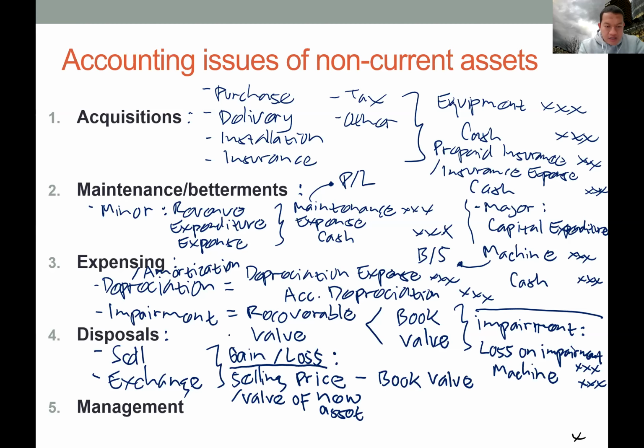Okay, and lastly, the management. I think from the managerial perspective, mostly the company tries to look at the performance of this asset, and how important this asset is for their operations. Okay, so mostly they use horizontal and vertical analysis.